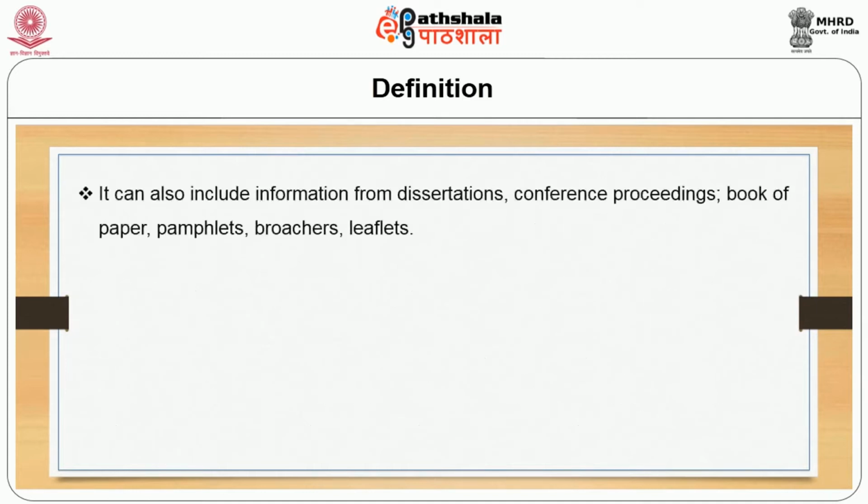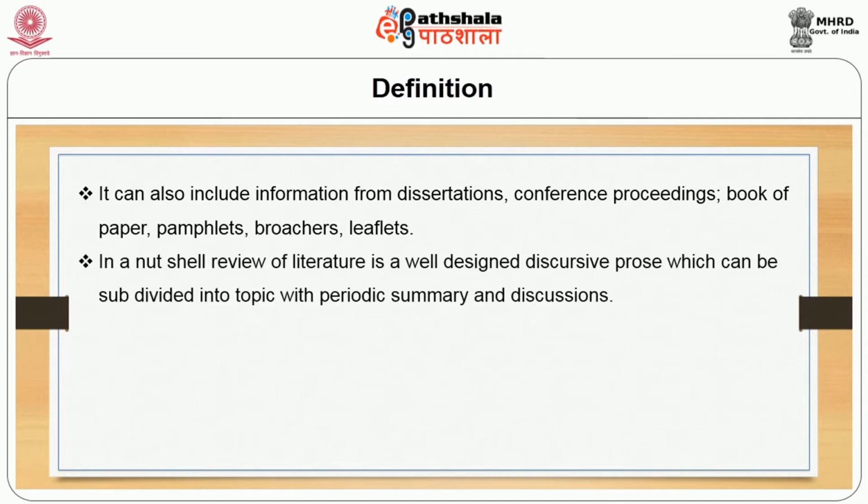It can also include information from dissertations, conference proceedings, book of papers, pamphlets, brochures, leaflets. In a nutshell, review of literature is well-designed descriptive prose which can be subdivided into topics with periodical summaries and discussion.